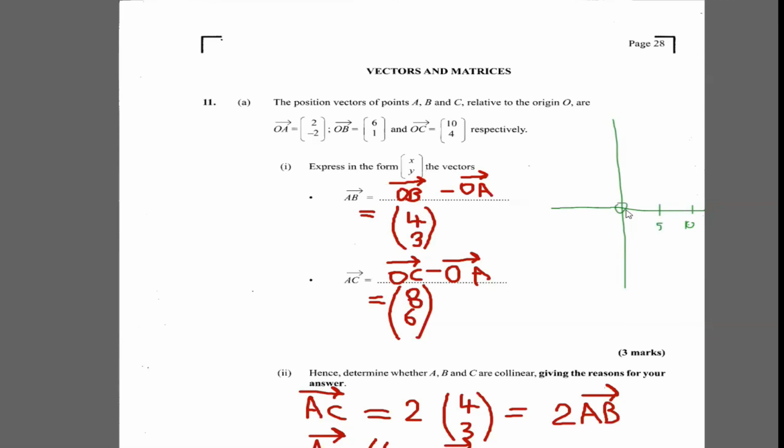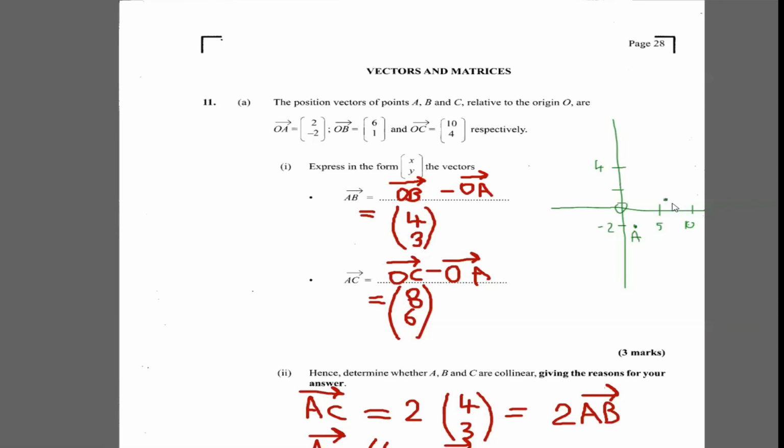Now 2, negative 2 can be here. Somewhere here is positive 2 and somewhere here is positive 4. So this is the point A, 2, negative 2. B is the point 6, 1, somewhere right here.